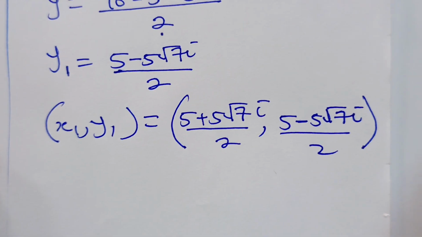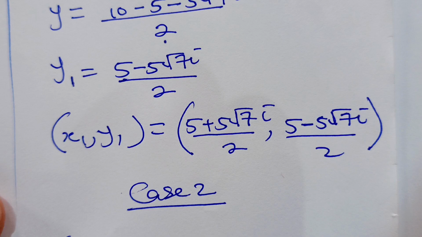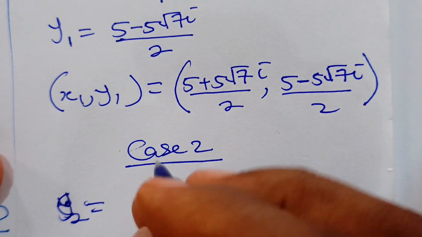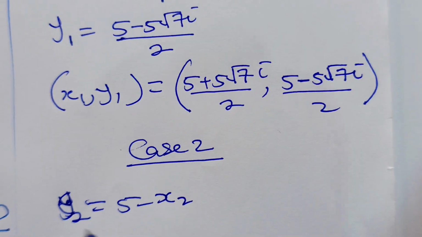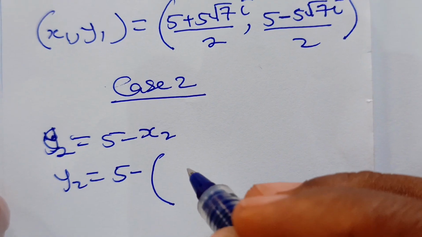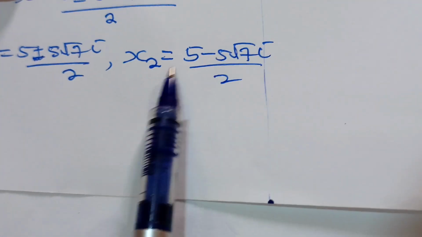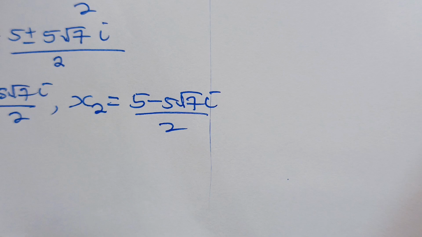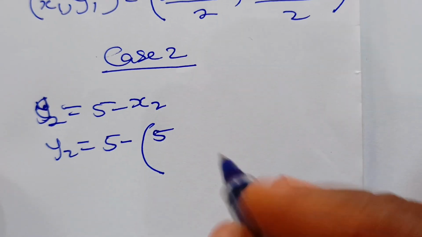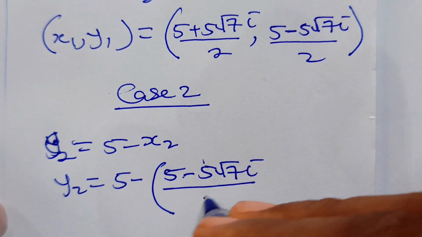Now let's check for the second case. So for case 2, our y2 is going to be equal to 5 minus x2, right? So y2 is going to be equal to 5 minus, now our x2 is, recall, this is our x2, 5 minus 5 root 7i divided by 2.